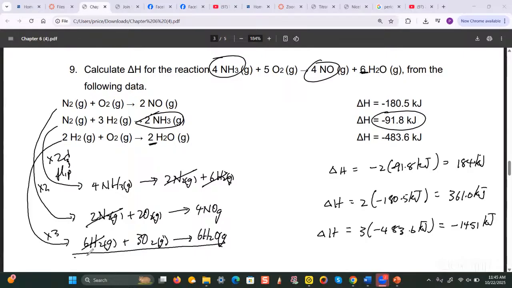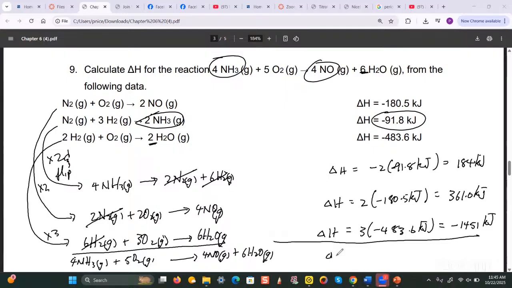So you write what's left, which would be 4NH3 gas plus 5O2 gas on the left side, and on the right side, 4NO gas plus 6H2O gas. So what would be the resulting delta H value? The sum of these that we just calculated. So 184, oh, I keep forgetting to put a negative sign here.